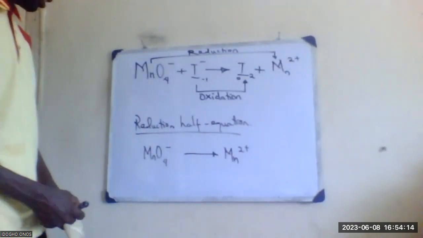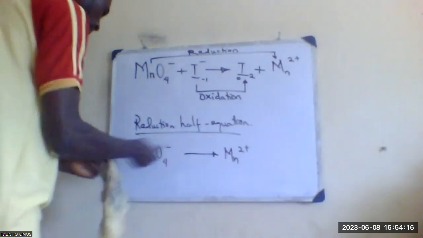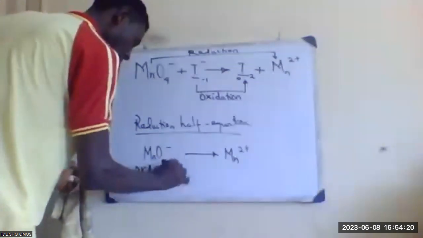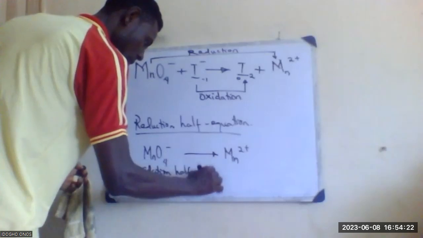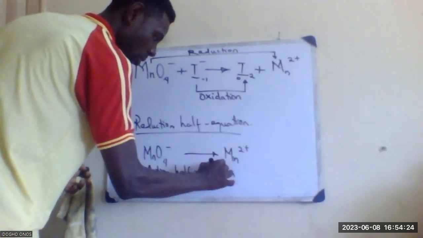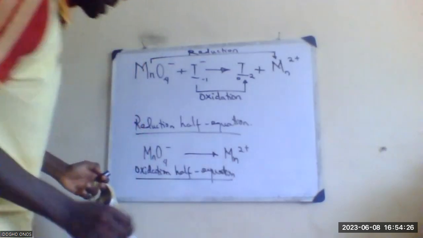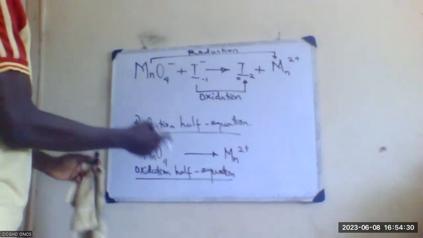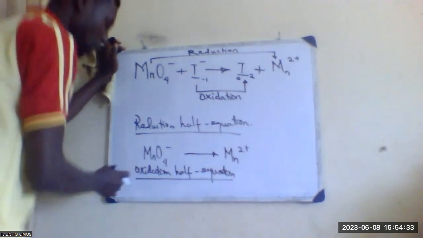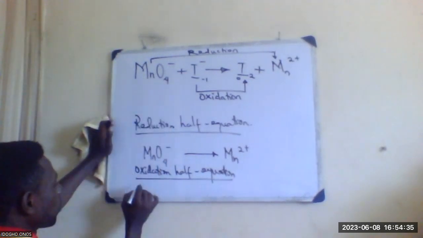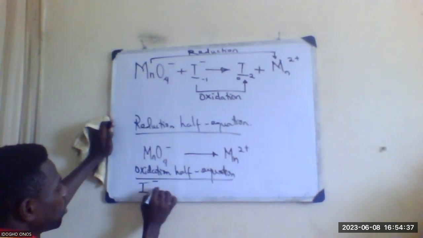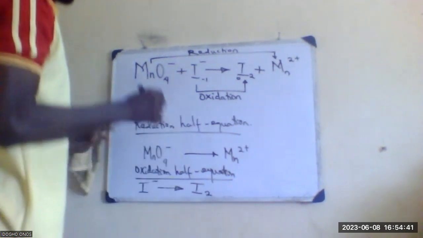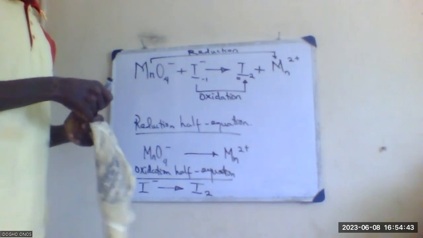Then for oxidation half equation, it's not necessary you put it step by step like this. When they are familiar with it, they can solve one completely before going to the other one. But for the first time, they can be doing it in bits like this. So oxidation half equation is I minus will give me I2. Is that taken?